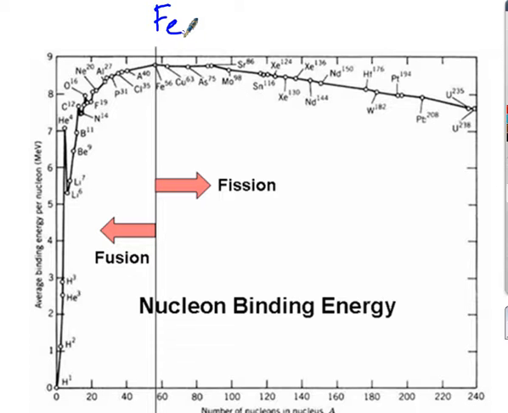So that electric force wants those protons to be pushed apart. The binding energy holds them together. Now the binding energy only acts over very small scales. So again, it's just the neighboring protons. So we can still have protons on the edge of the nucleus that want to repel each other.